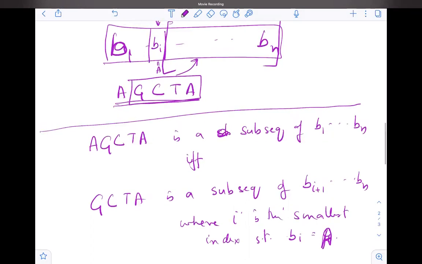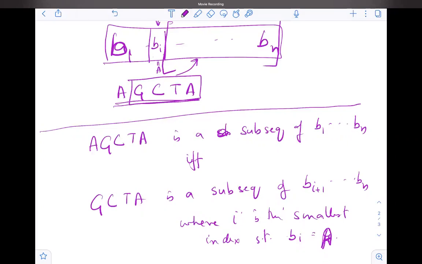I'm not proving it, I leave it to you to prove it, but this statement is not hard to show. The important thing is that this shows how to check whether this can be a subsequence of B1 to Bm. I first find the smallest matching one, then look at the next one.